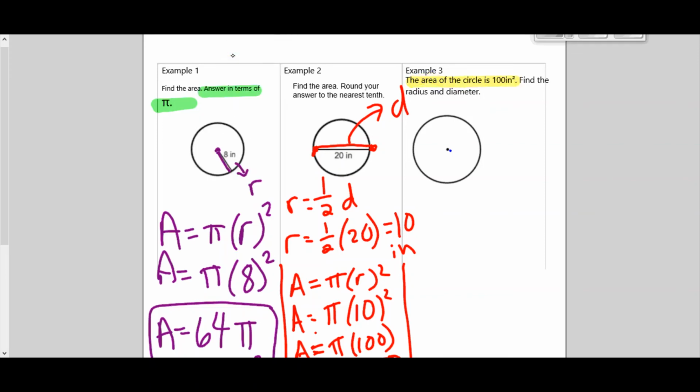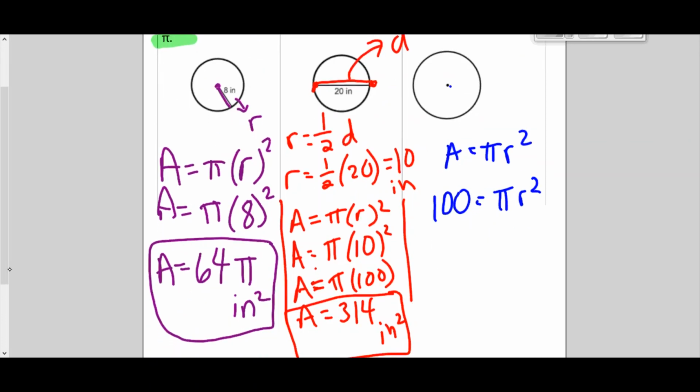So I'm going to write my area formula. So area equals pi r squared. I know the area is 100. So I'm going to set that equal to pi r squared. Now pi is a number. Remember, it's 3.14. So I can put that in. I'm going to write it so that we see it. Area 100 equals 3.14 r squared.